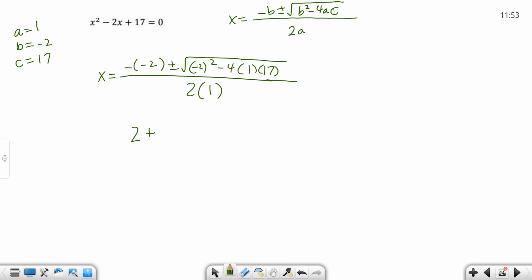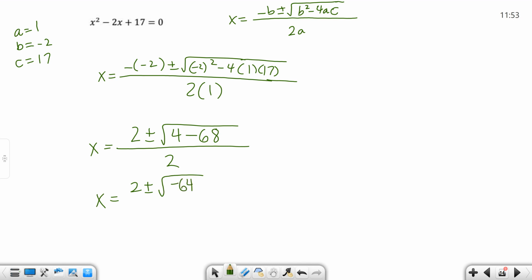So we get 2 plus or minus the square root of 4 minus, over 2. 4 minus 4. Look, 4 times 1 is 4, and then 4 times 17. I do 4 times 10 is 40. 4 times 7 is 28. That's 68. And that equals x. And then x equals 2 plus or minus the square root of negative 64 over 2.